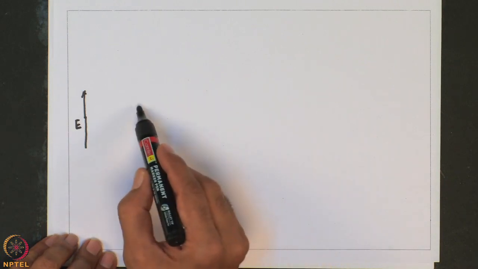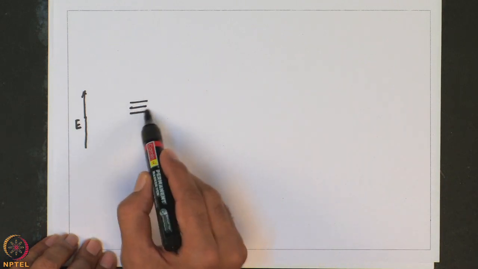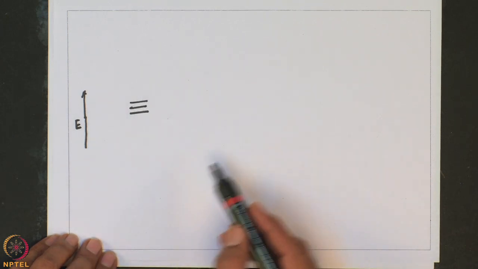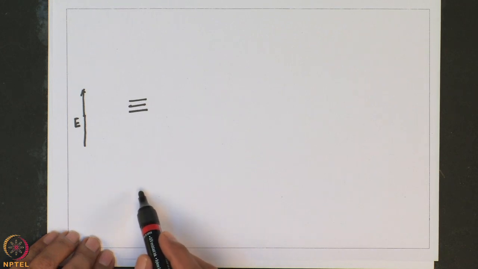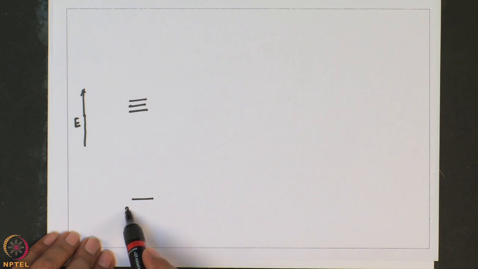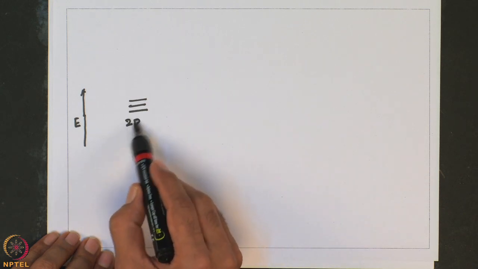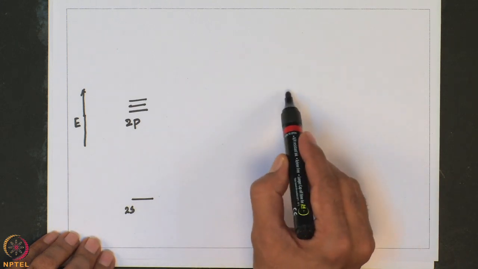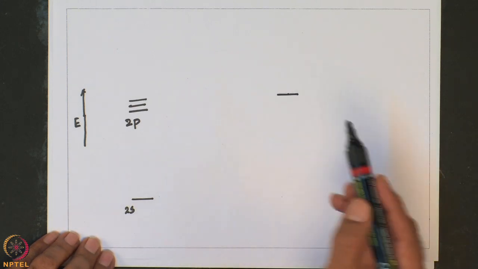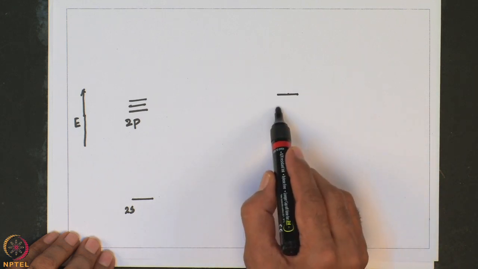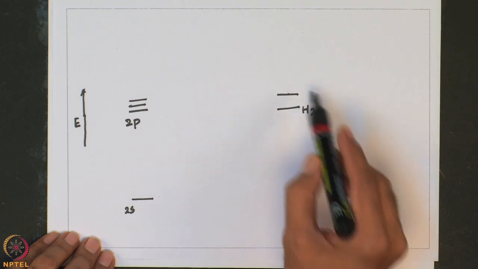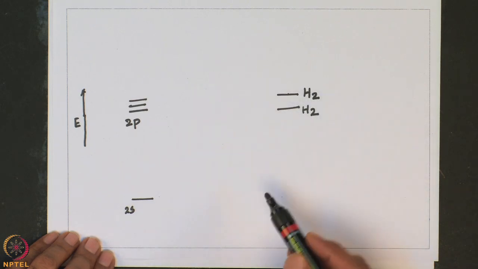Okay. So, here I am considering the 2p orbitals of oxygen, and here the 2s orbital. Here we consider the ligand group orbitals, one and another one here, and of course here we call this H2 bonding and H2 anti-bonding. Okay.